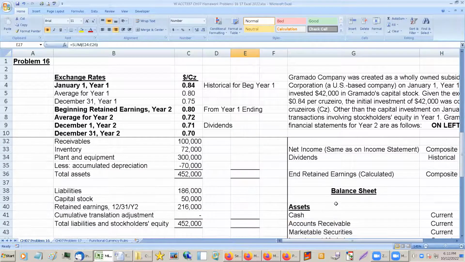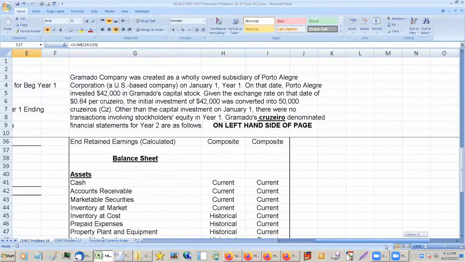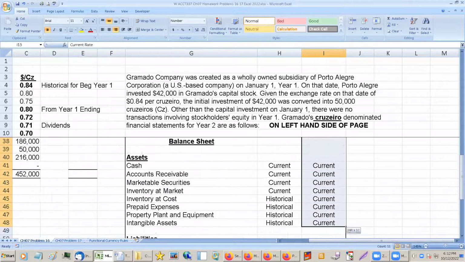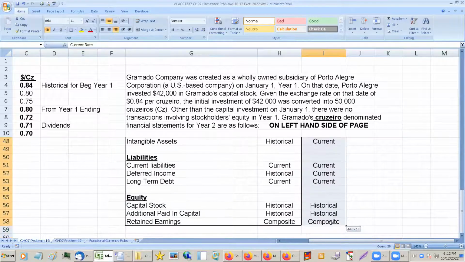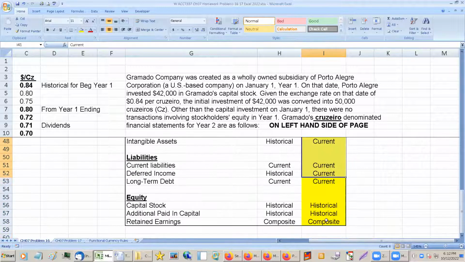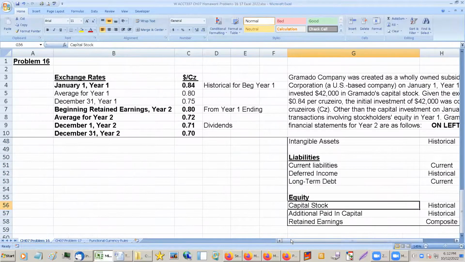Okay. Balance sheet. For the current rate method, which is what we're doing, most everything goes on at the current rate. The only thing is the capital and retained earnings don't, but everything else goes out at the current rate.